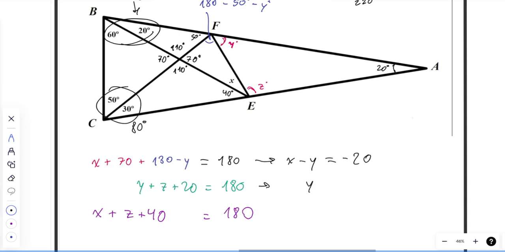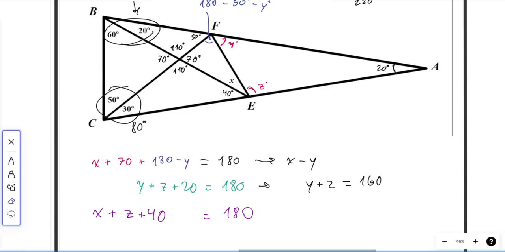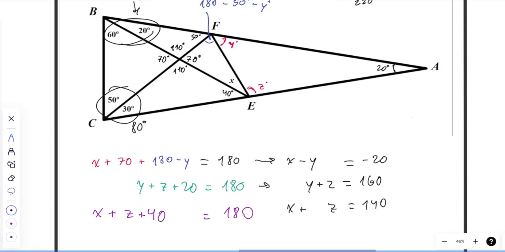Then I get y plus z equals 160, and I get x plus z equals 140. I probably could have equated some of the 180s to each other, but I think canceling it out might make it a little bit easier for us.